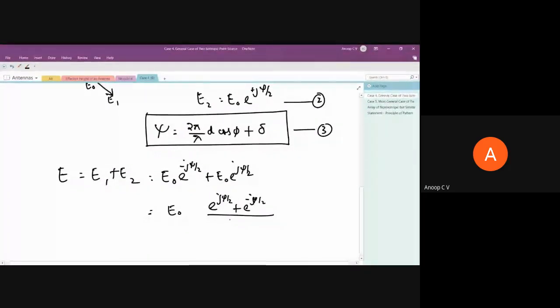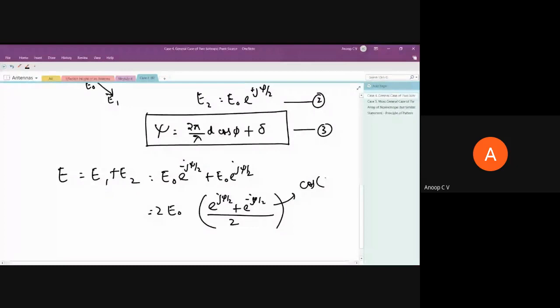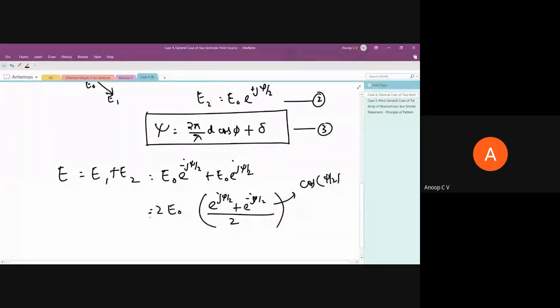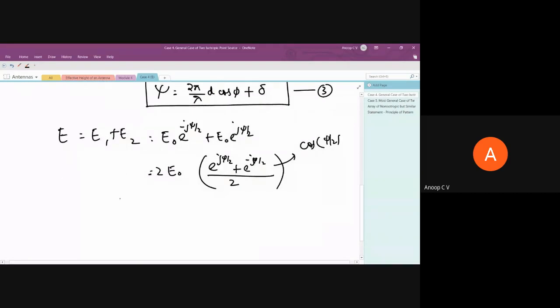If I multiply and divide by 2, this will become cos psi by 2. So the resultant field pattern E is equal to 2 E naught cos psi by 2.